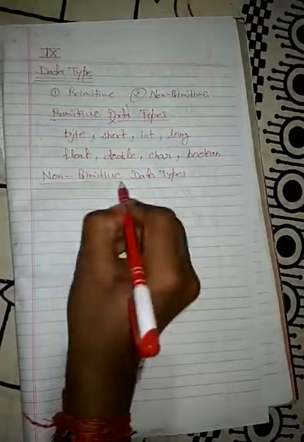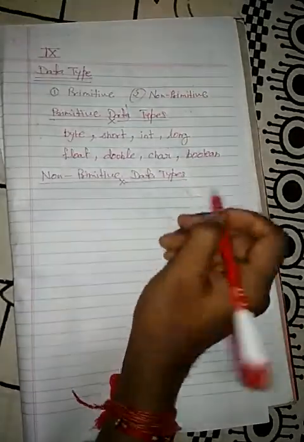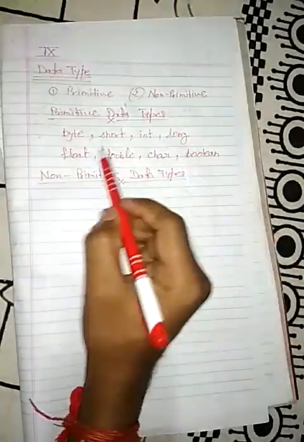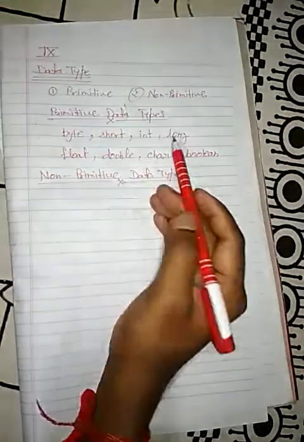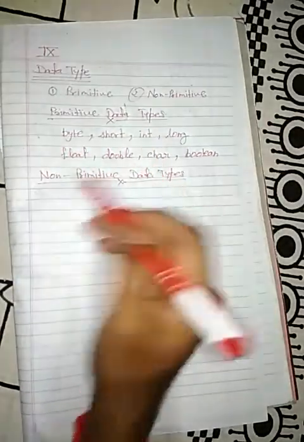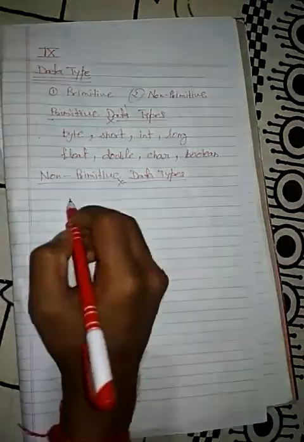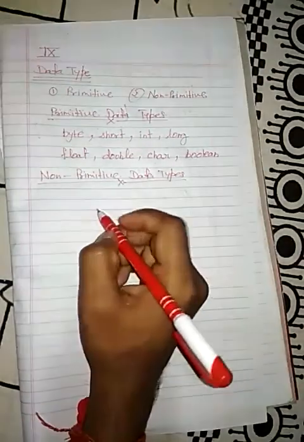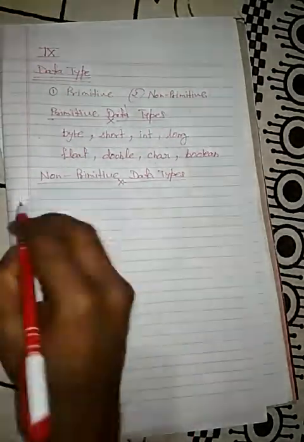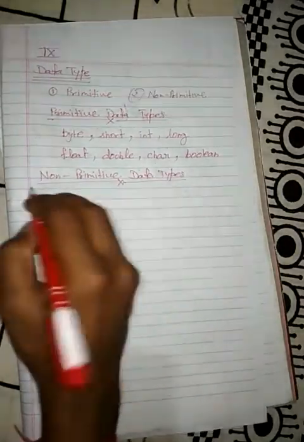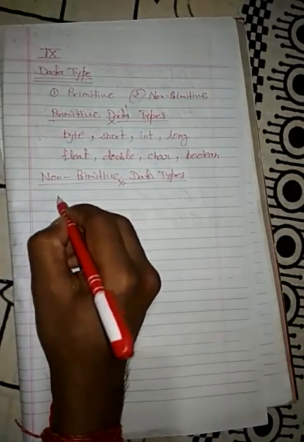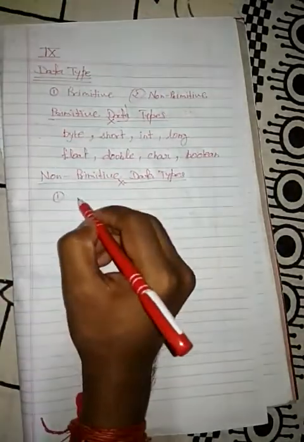Non-primitive data types, as I have told you, primitive data types mean already defined, and non-primitive data types mean user defined. User defined data types are called non-primitive data types. There are basically only three non-primitive data types.